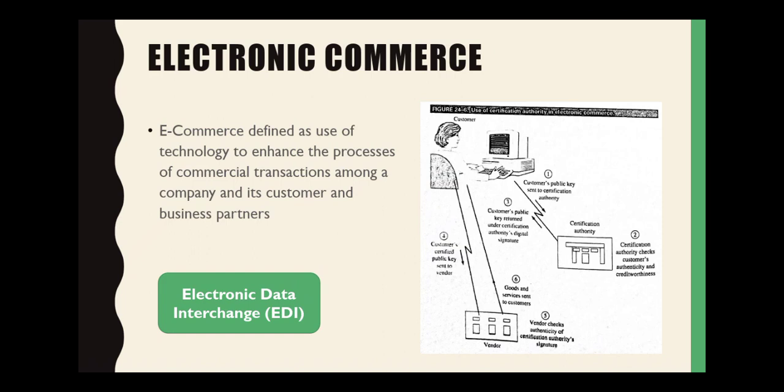The first is the customer's public key sent to the certification authority, and then the certification authority checks the customer's authenticity and creditworthiness, and then the customer's public key is returned under the certification authority's digital signature, and then the customer's certified public key is sent to the vendor, and then the vendor checks the authenticity of the certification authority's signature, and the last, goods and services are sent to the customer, something like that.